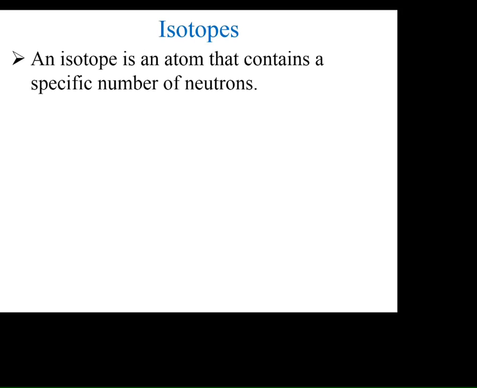So what are isotopes now? So I said, can't change the protons, but you can change the neutrons. And when you change the neutrons, that's when you're making isotopes. So for example, I could have several atoms of carbon, and they're all going to have 6 protons, but they might have different numbers of neutrons, which means they're going to have different masses because most of the mass comes from protons and neutrons.